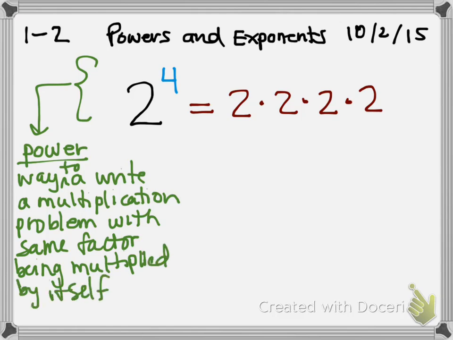The big 2 and the little 4 together are called a power. And I'm going to add the word repeatedly. Okay?